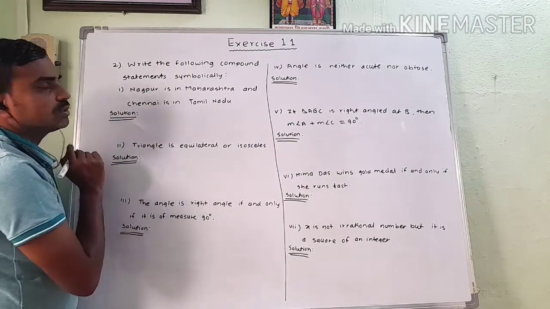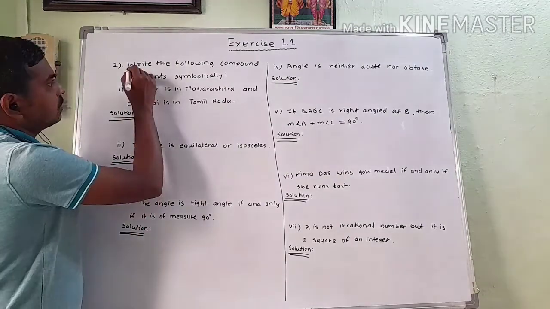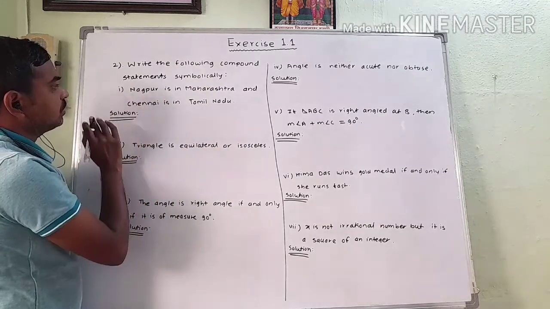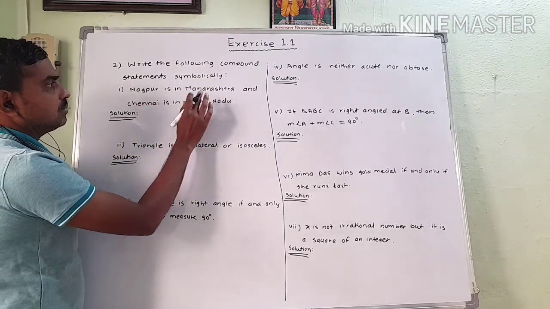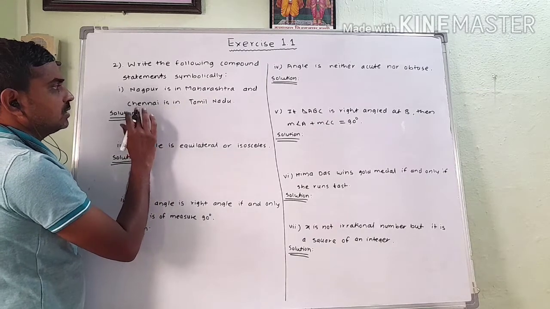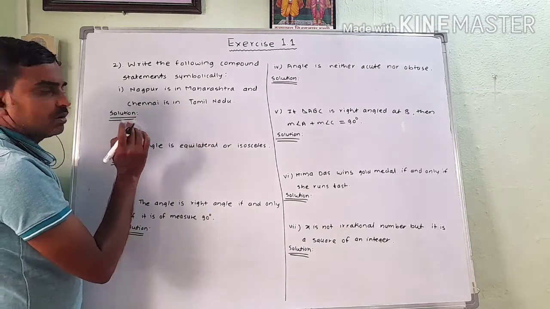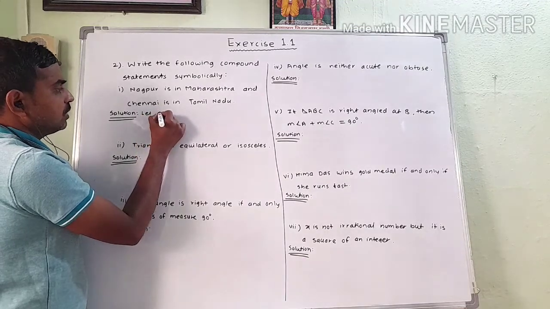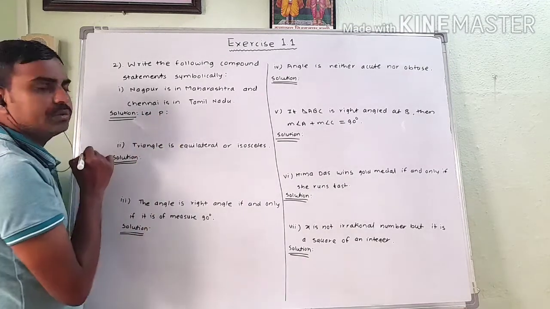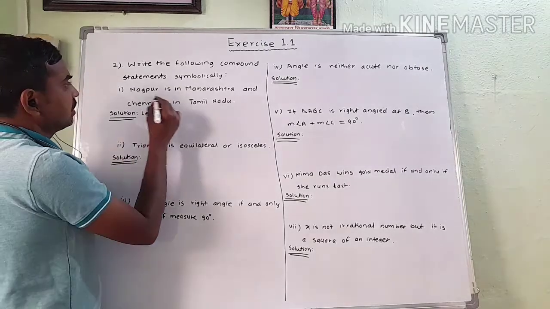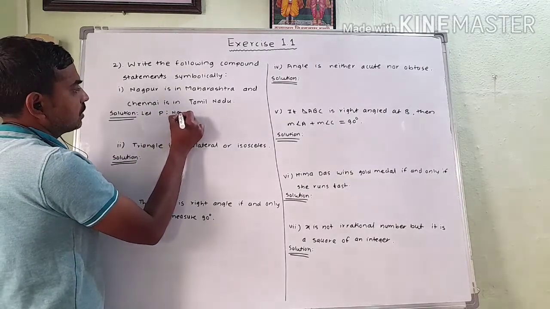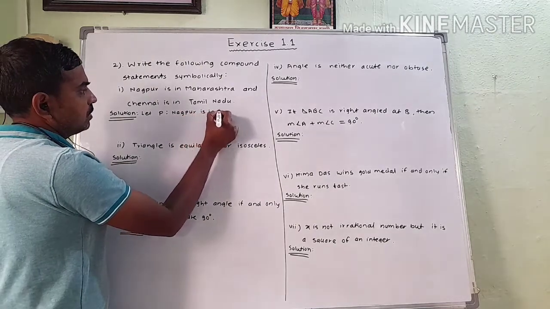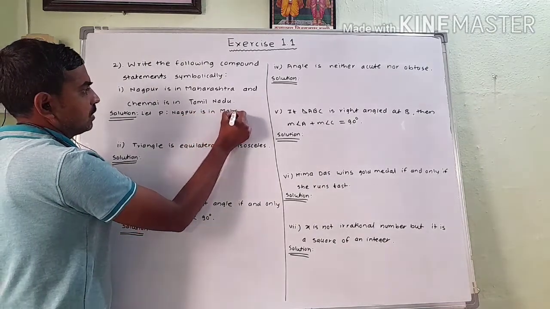Now we'll see the solution of the first example. We have to write the compound statement in symbolic form. The first compound statement is Nagpur is in Maharashtra and Chennai is in Tamil Nadu. First of all, we will write the simple statements individually. Let small p stand for Nagpur is in Maharashtra.